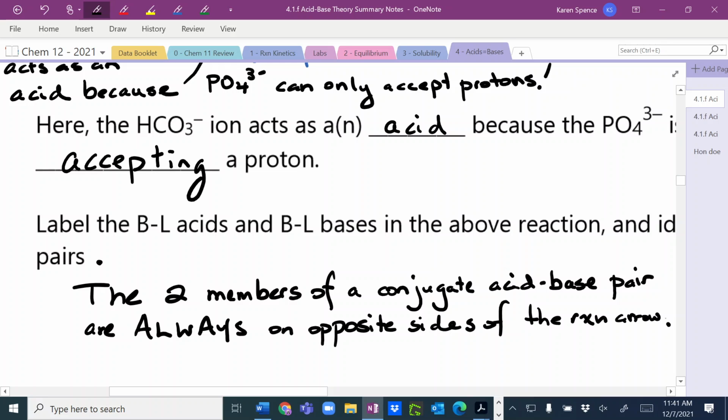That has to be true, because the reason you have a conjugate acid-base pair is an acid turns into its conjugate base by proceeding through a reaction. Yes? And the base turns into its conjugate acid by proceeding through the reaction.